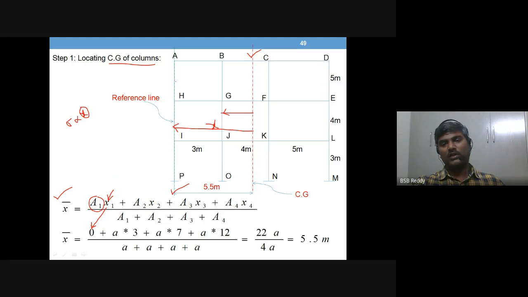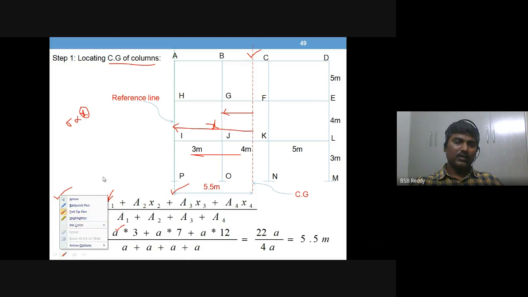As there is nothing mentioned about column cross sections in the problem, I am assuming them to be the same, that is A. And x2 is the distance of column 2 from the reference line, which is 3 meters.